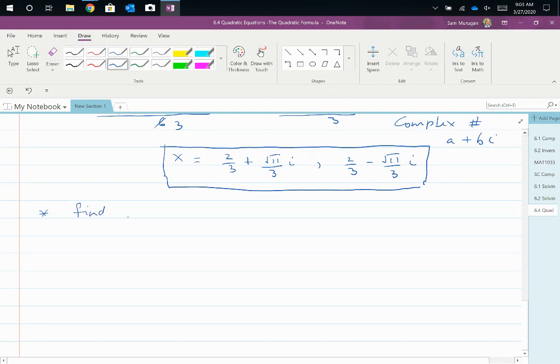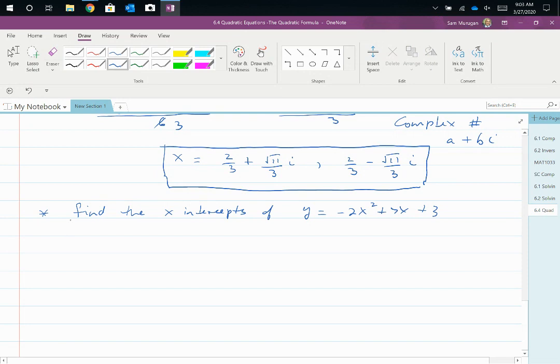Find the x-intercepts of y is equal to negative 2x squared plus 7x plus 3.